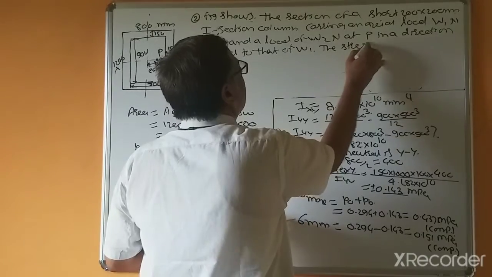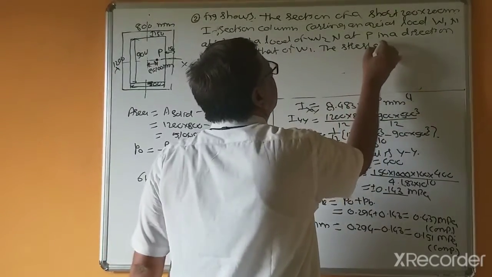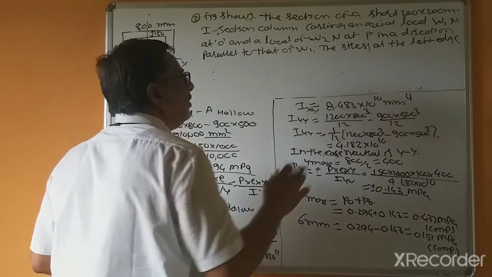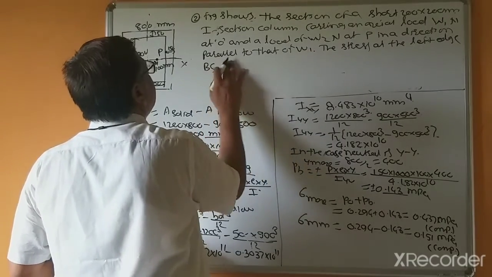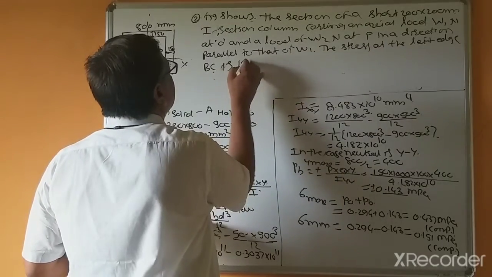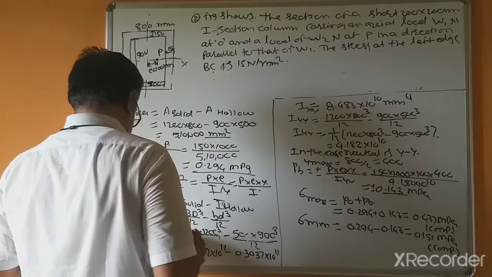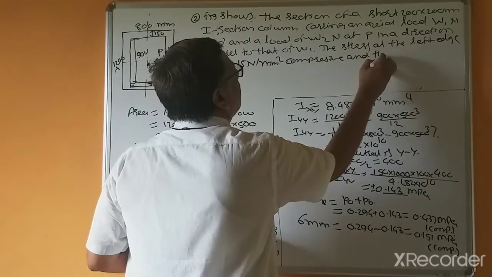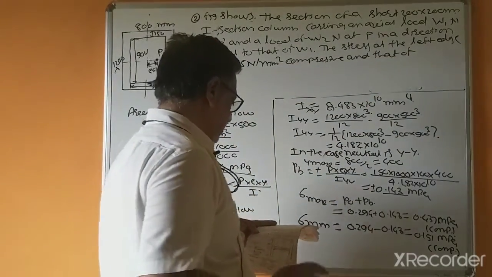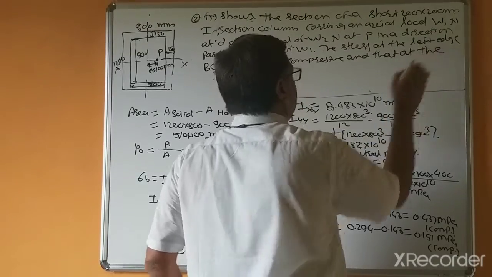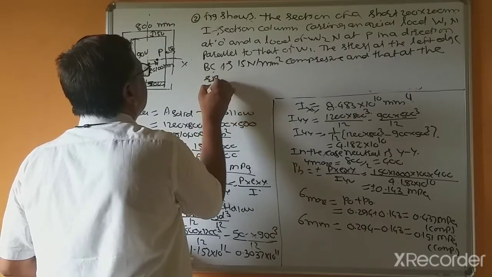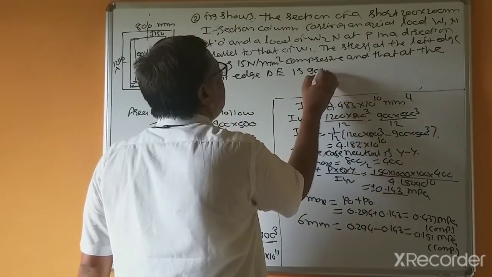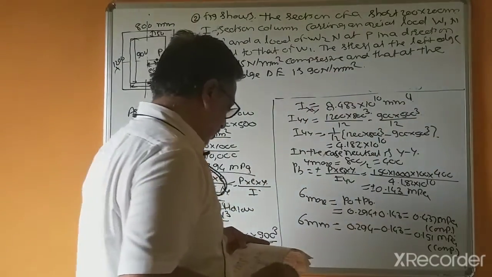The stress at the left edge BC is 115 Newton per mm squared, compressive, and that at the right edge DE is 90 Newton per mm square, compressive.